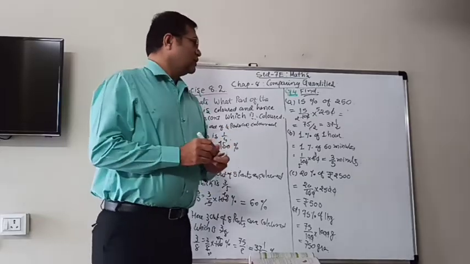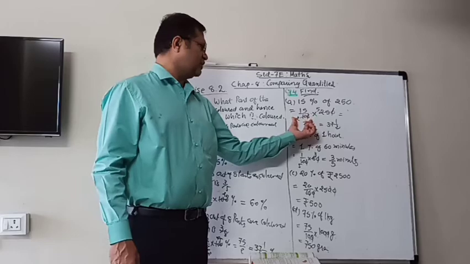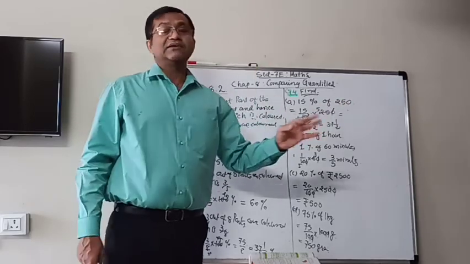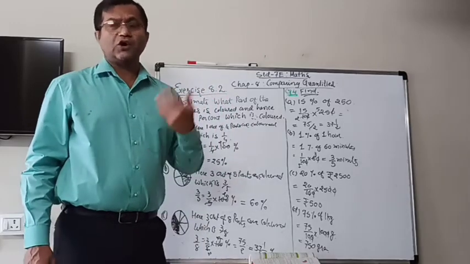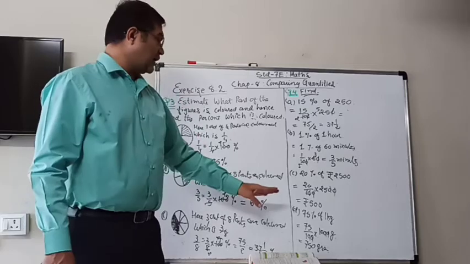So here when the percentage of some amount is given, we have to write down 100 in the denominator and multiply by that amount and simplify it.